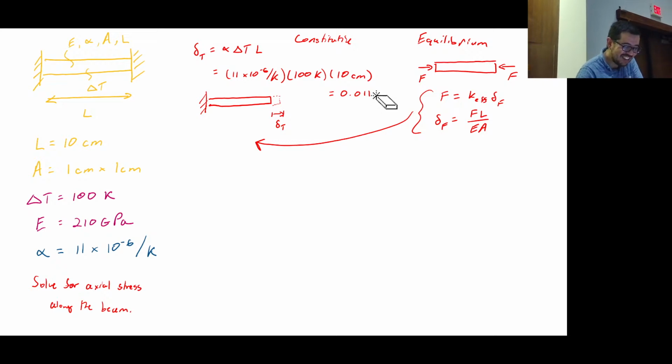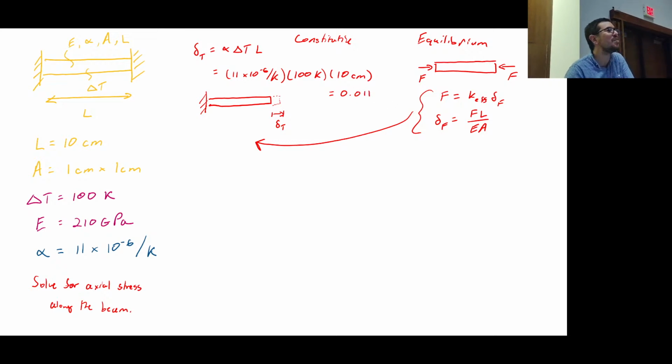Yeah, right. So the units: we have 10 centimeters, so that's going to give us 0.1 meters, and we have 100 Kelvin. So that says that's only 10, and I've got 10 times 10 times 10 to the minus 6, or 11.